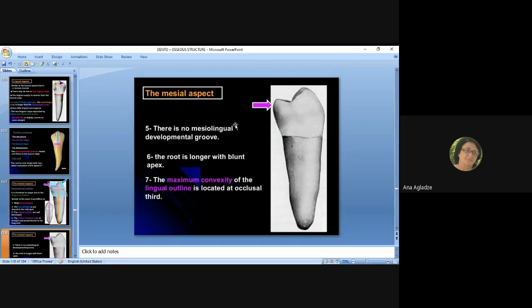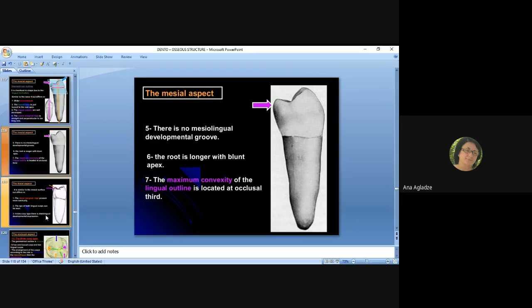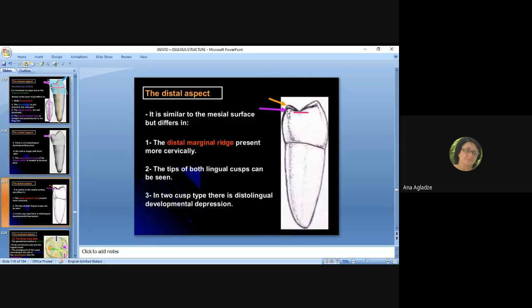And this was the mesial aspect. There is no mesiolingual developmental groove. Yes, the root is longer and has a blunt apex. And what is this? This is the distal aspect, and you can see the distal marginal ridge.